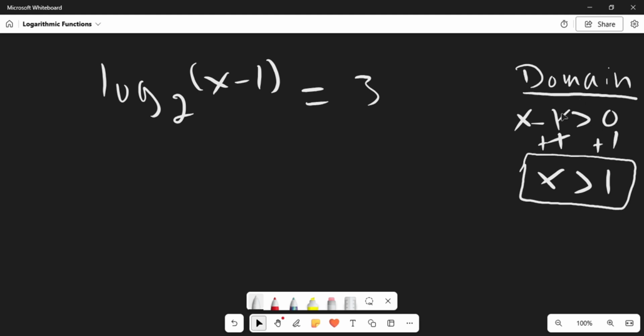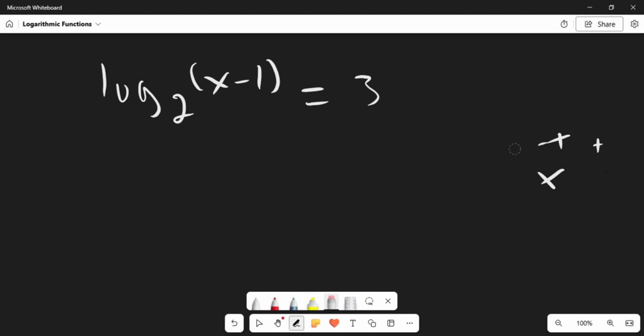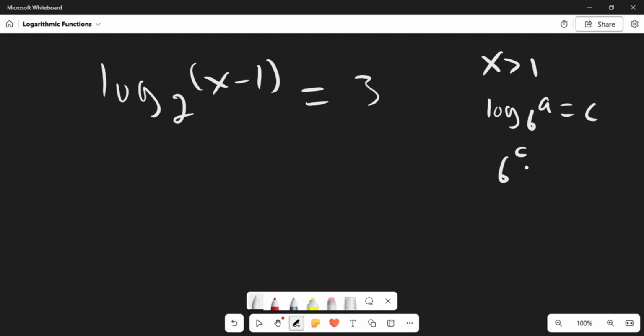So just keep in mind that the domain of this logarithmic equation is x is greater than 1. Okay, so let's see. This equation right here is in the form log base b of a equals c, and we need to transform it into b to the c equals a.